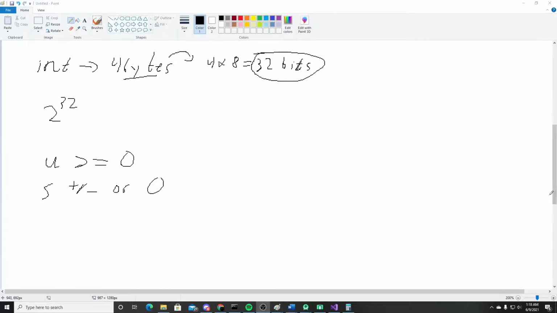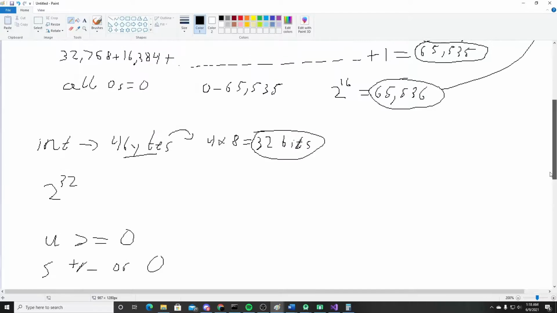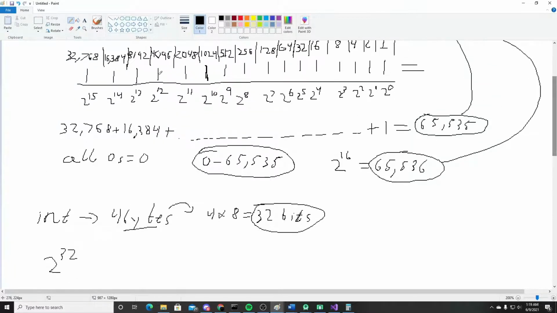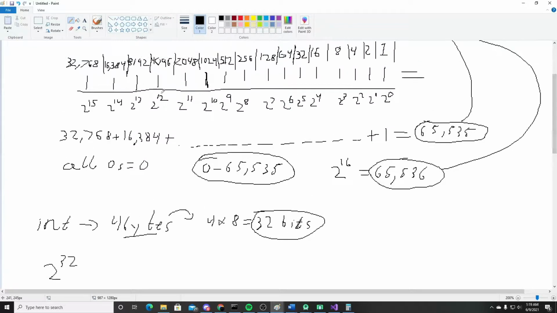So if we think about the range we calculated for our short here, our range of values is 0 to 65,535. So what we actually represented here was an unsigned data type, because our range only goes from 0 to 65,535.